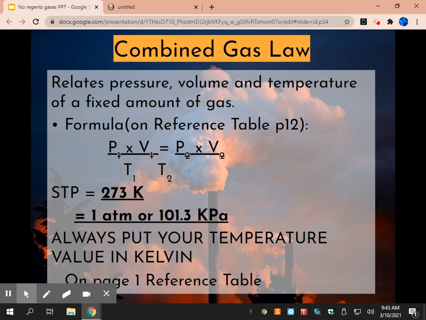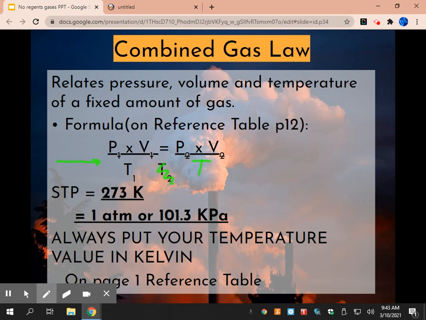Right here we have the combined gas law formula, which you don't have to memorize because it's on page 12 of the reference table, on table T. What the formula reads is pressure 1, P1, times volume 1, V1, divided by temperature 1, T1, is equal to the second pressure times the second volume divided by the second temperature. So we say P1 times V1 divided by T1 is equal to P2 times V2 divided by T2.